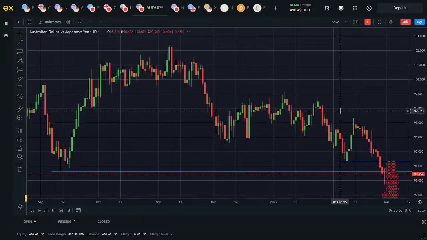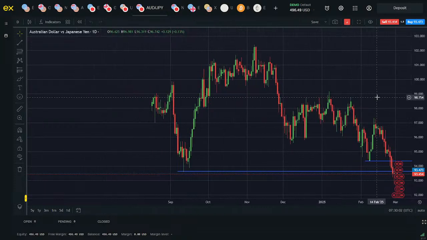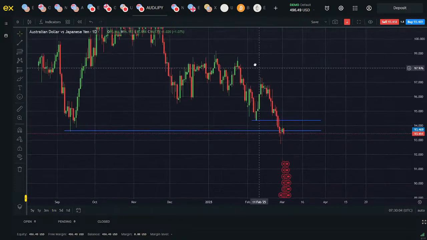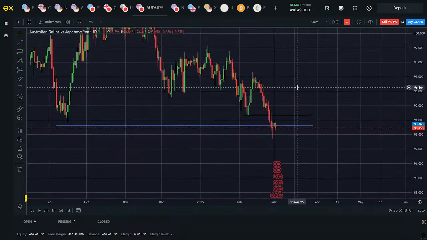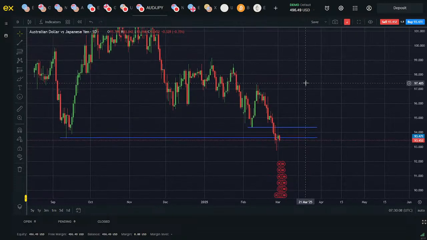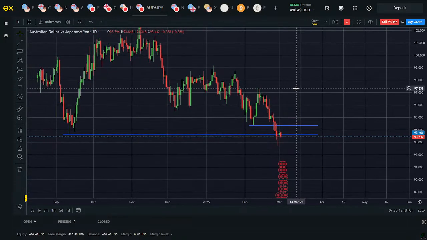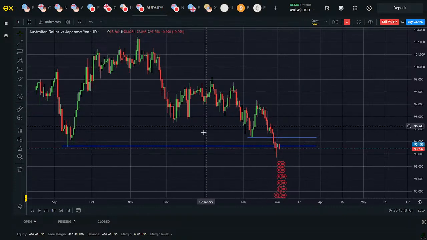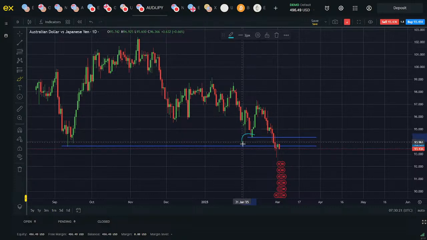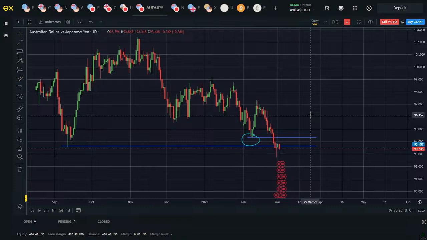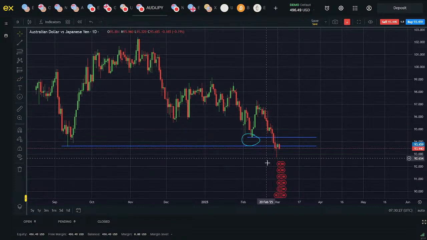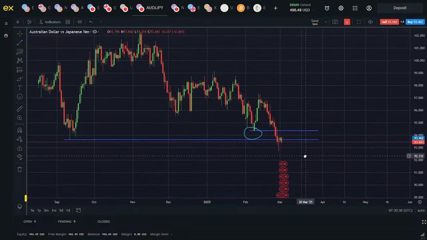And if you go for AUD JPY, that is the Australian dollar slash Japanese yen, you can clearly see the market has come down to a certain level. Let me show you one thing: whatever buyers entered at this very point, the market took up all their SLs and went completely on the downward side.